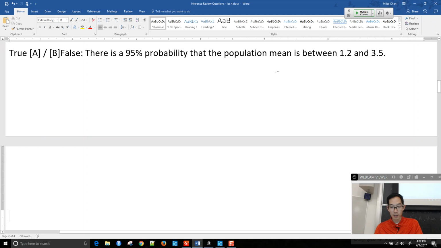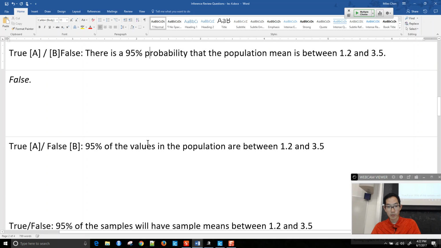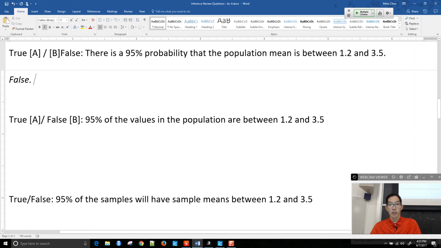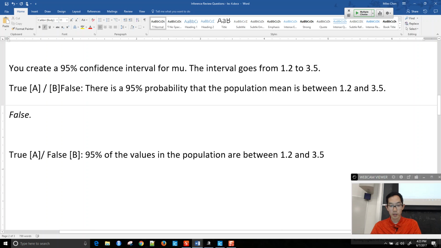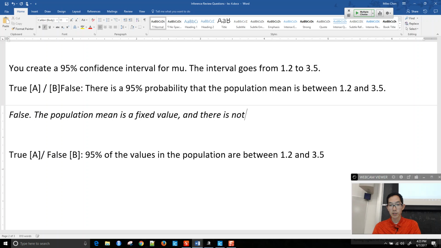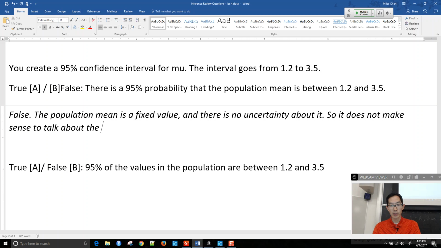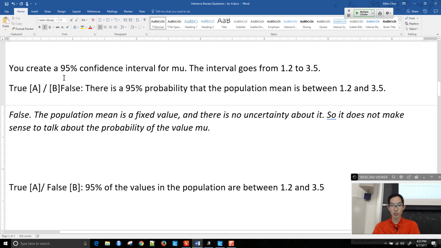So our answer is false. The population mean is a fixed value, and there is no uncertainty about it. It does not make sense to talk about the probability of the value mu, because mu is set.